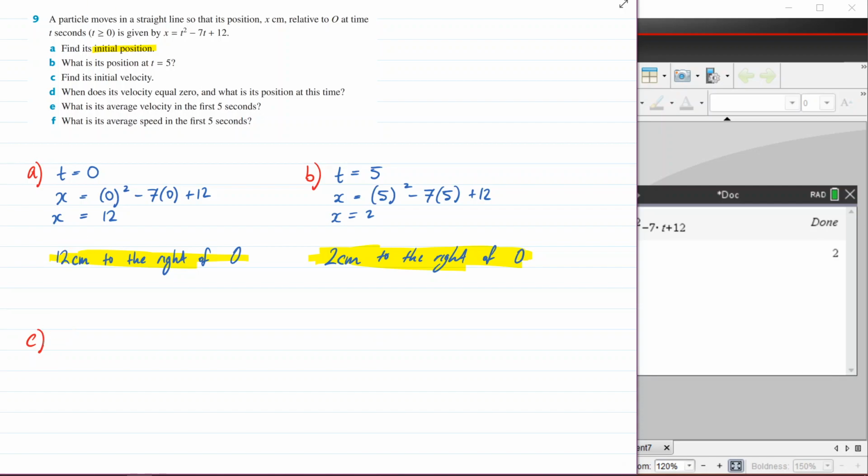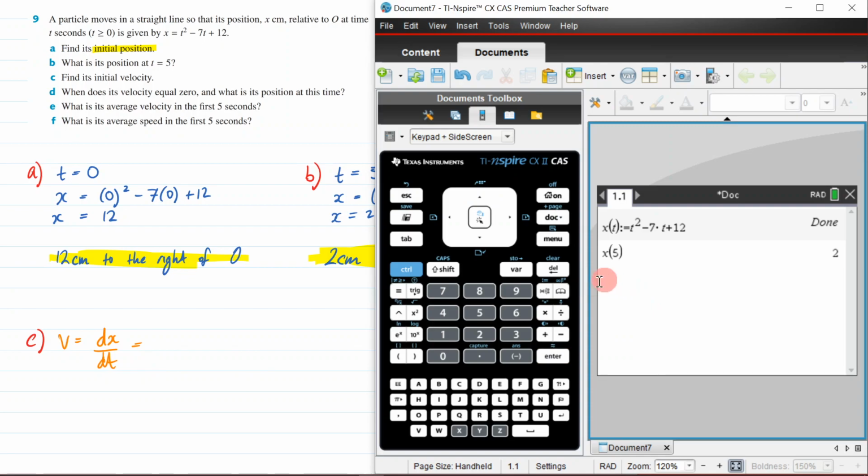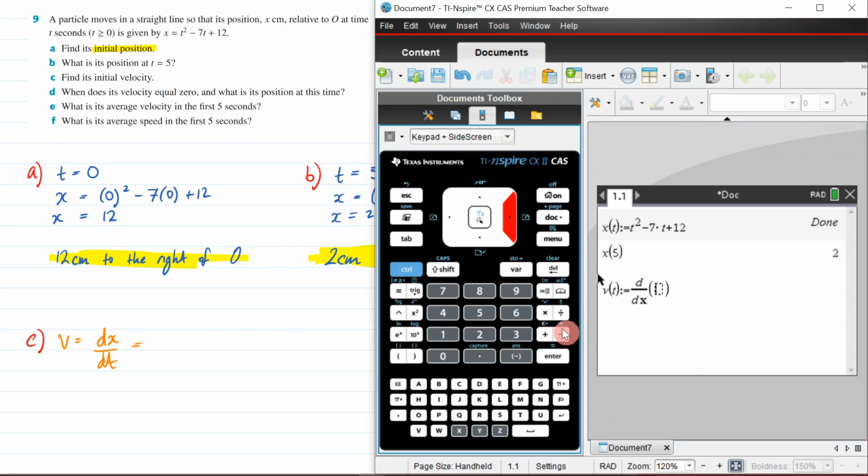Okay, so to find its initial velocity, I know that my velocity is going to be equal to dx/dt. So I'll come here and let's define my velocity, v of t, as the derivative with respect to t of x of t.